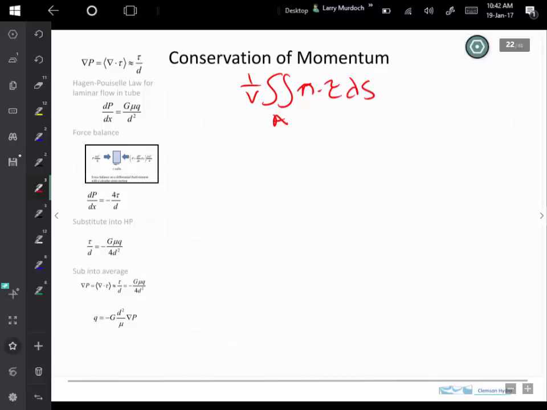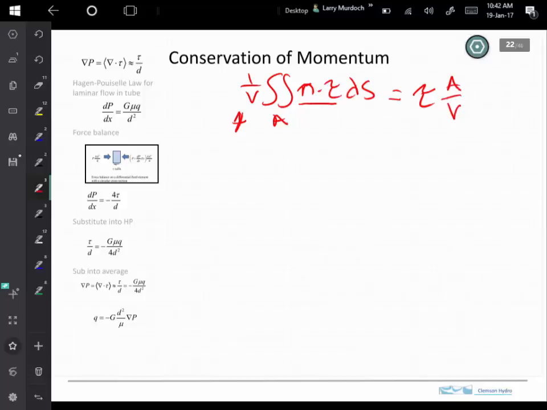Okay, and if we do that, then if we say this shear stress is just the average shear stress on the wall of the pores, and we're integrating this average over all the surface area of the pores, and then we divide by the volume of the pores, what this ends up being is the shear stress times the area of the pores over the volume of the pores.